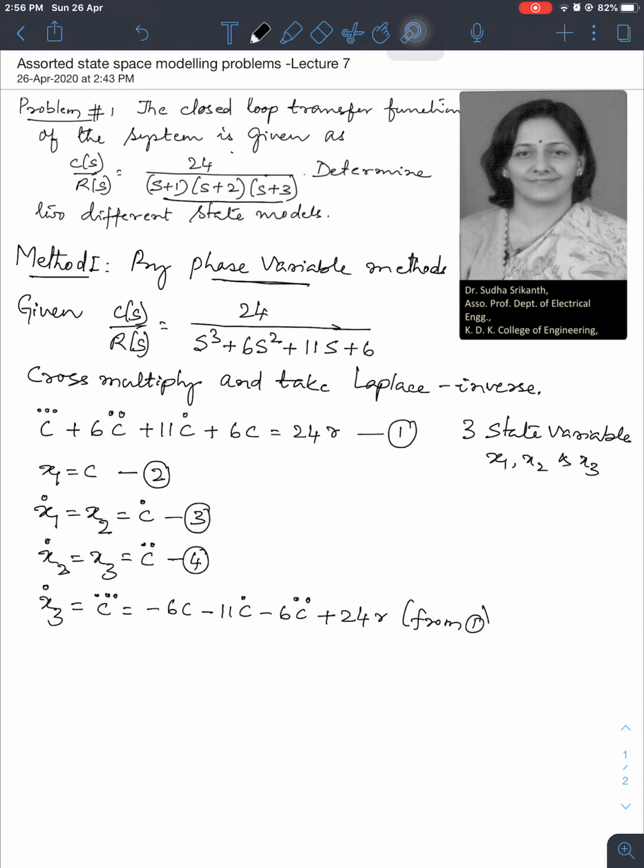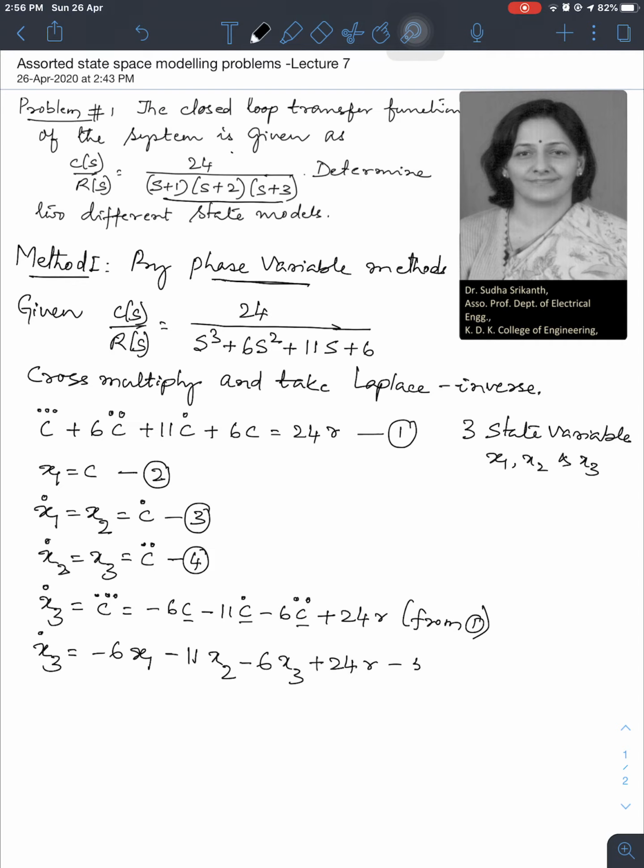Now x3 dot can be further written by substituting for C, C dot, C double dot. So what do we get? Minus 6 for C, we put x1 from equation 2. Minus 11 for C dot, we put x2. And minus 6 for C double dot, we put x3. Because on the right hand side of any state equation, you need to have the state variables x1, x2, x3, plus 24.